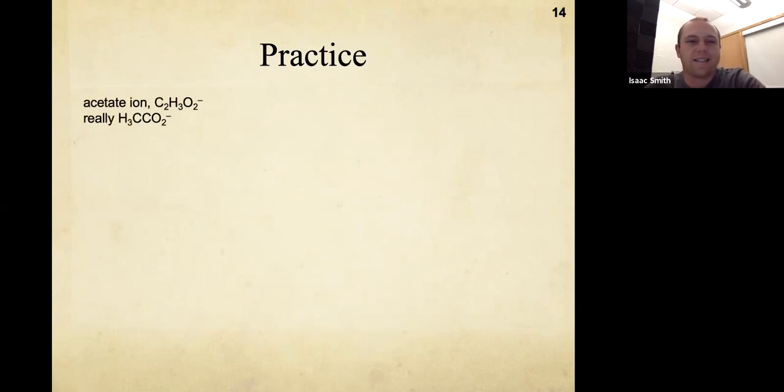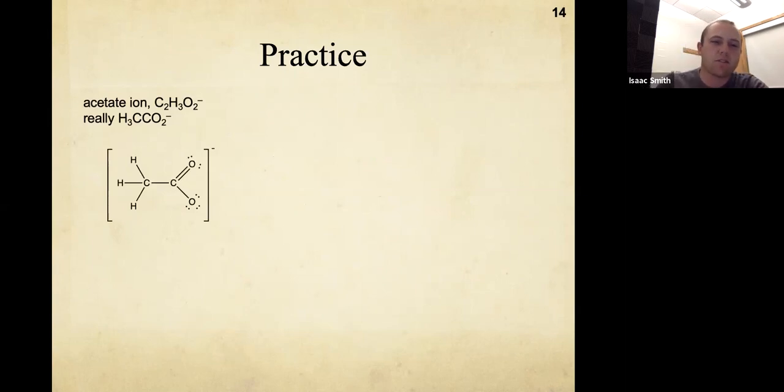If we look at acetate, this is a harder one to draw out, but drawing out the Lewis structure, you get this. Now this one would be really hard if the test just said, what's the shape of acetate? Because there are two central atoms here, this carbon and that carbon.